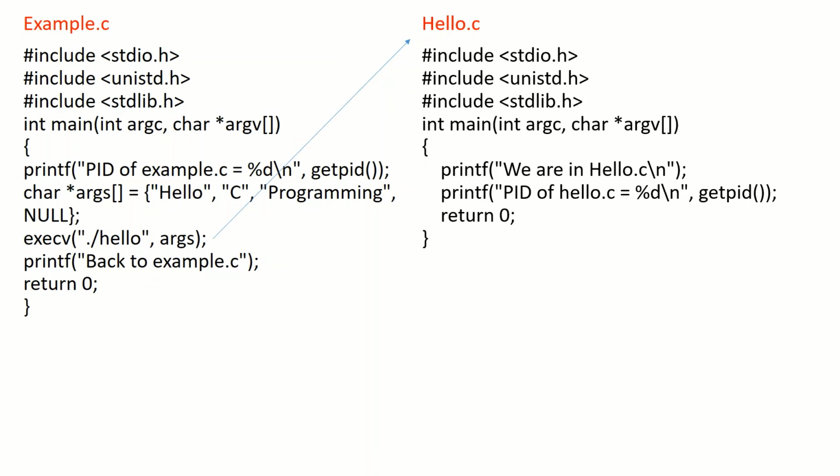Like that, in the same program, you want to transfer control to another program, one process transfers control to the other program, executes that, once again comes back to the normal process, and continues until the normal process completes execution. Like that, one process calls another program for execution, and that is the exec functions.